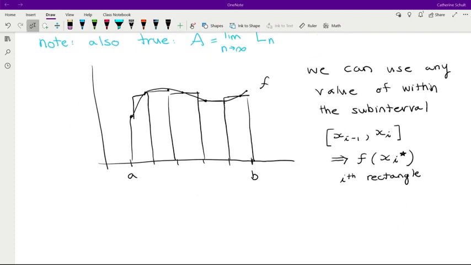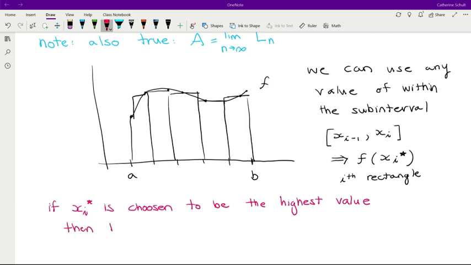So again, if we chose the highest point in each interval, so if x sub i star is chosen to be the highest, then the sum is the upper sum. So it's the biggest overestimation.